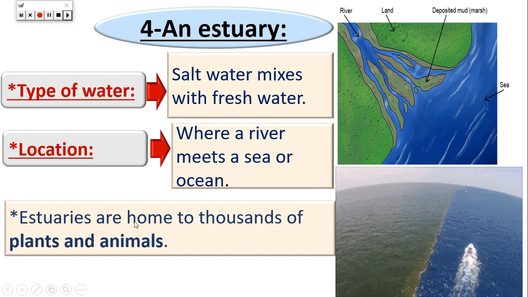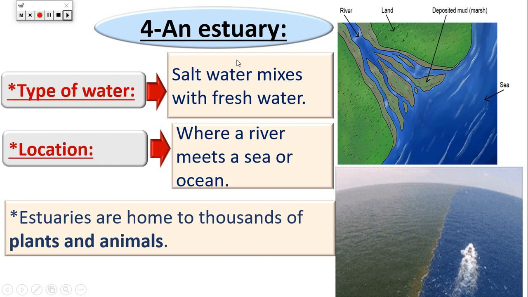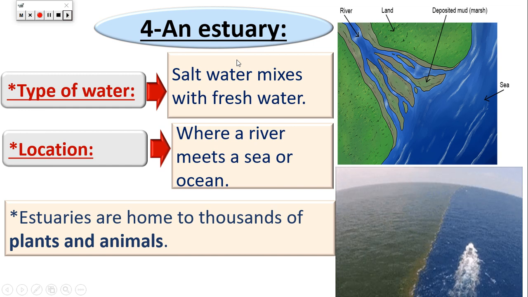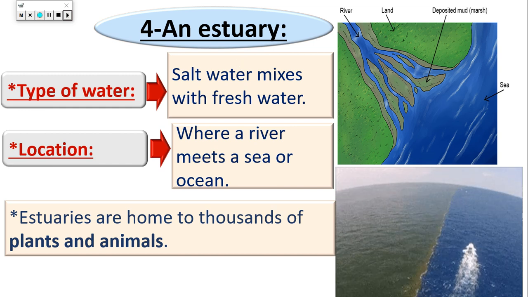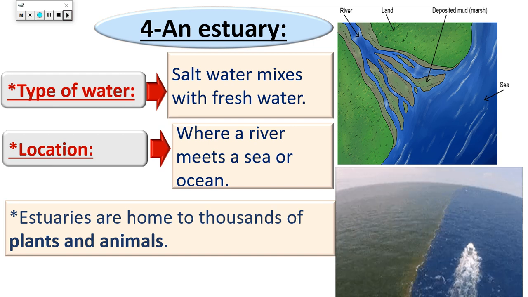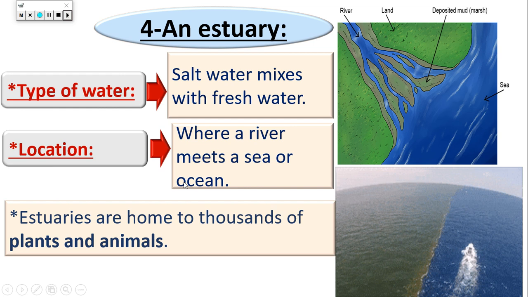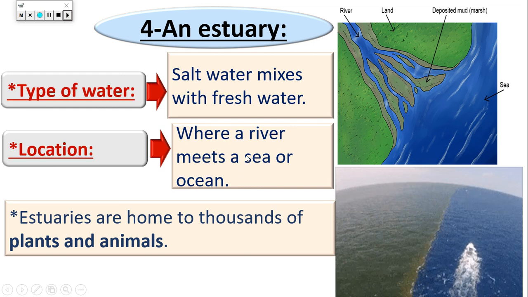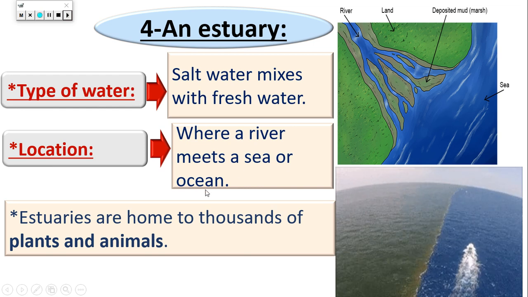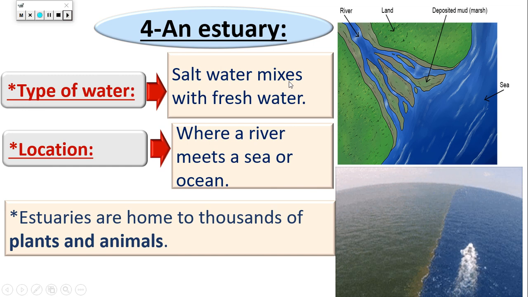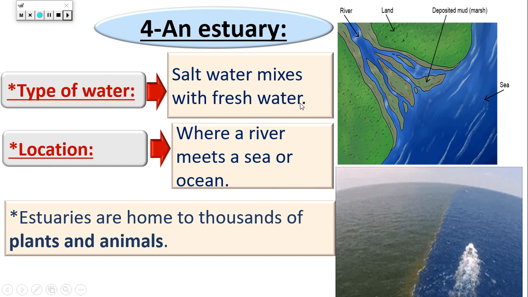An estuary. The estuary, we took it before, is a water body that forms when the fresh water of a river meets the salt water of a sea or ocean. So the location is where a river meets a sea or ocean, and it contains a mixture of salt and fresh water.